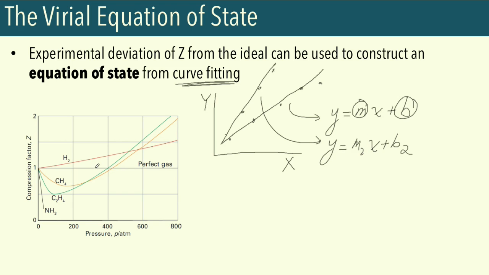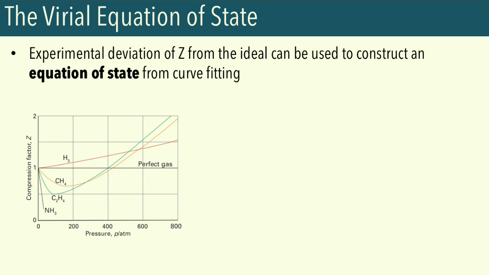Each curve is going to have its own unique constants in order to describe its behavior. Note again that each gas is going to have variable behavior, so the equation of state that we're going to be constructing is going to have specific terms for each type of gas. Our general equation for curve fitting can be given as follows.